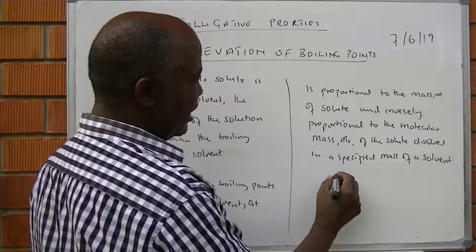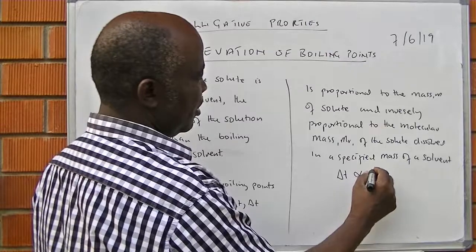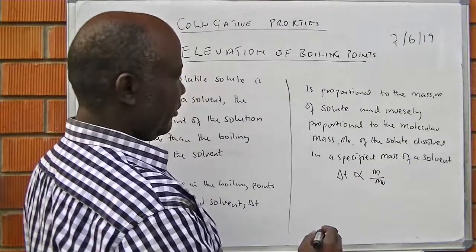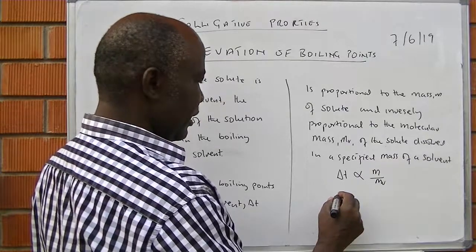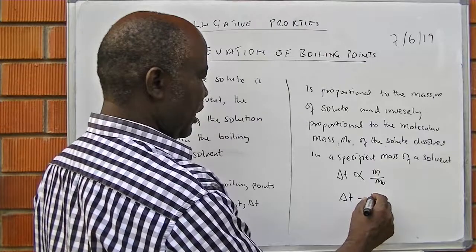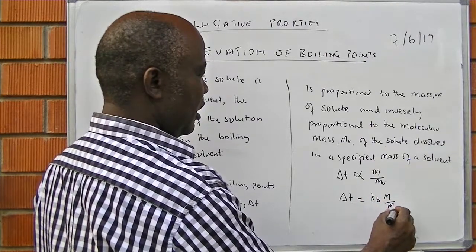In other words, dT is proportional to m over Mr, and dT is equal to Kb m over Mr.